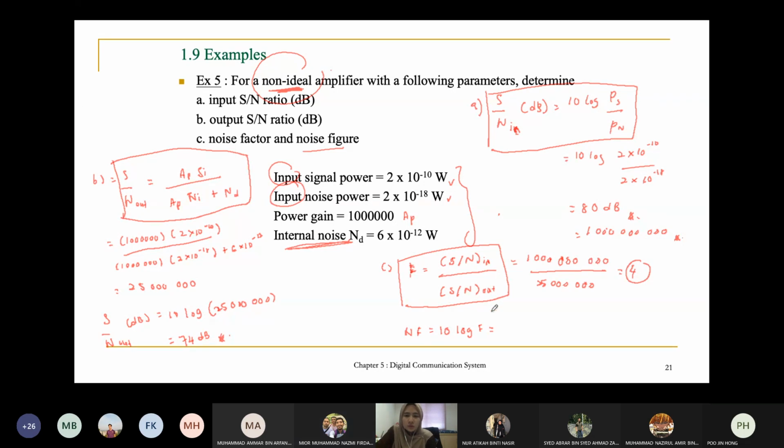So this is 6 decibel. So the noise factor is 4, the noise figure is 6 dB.